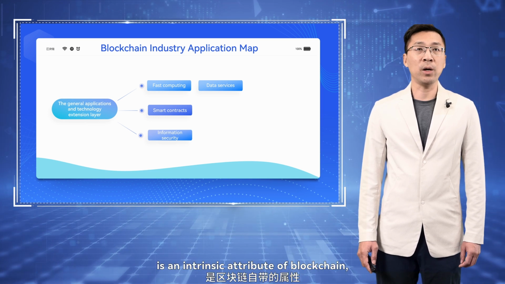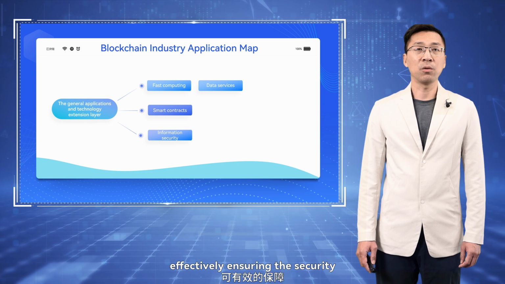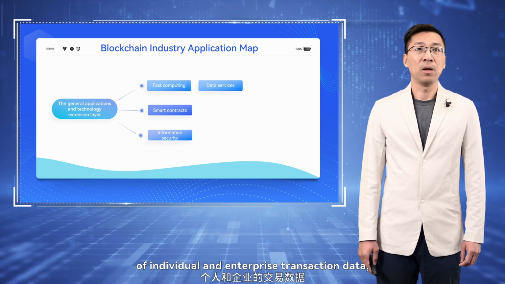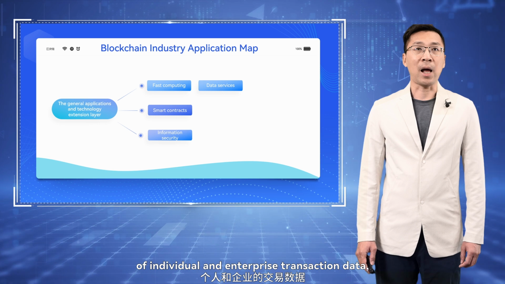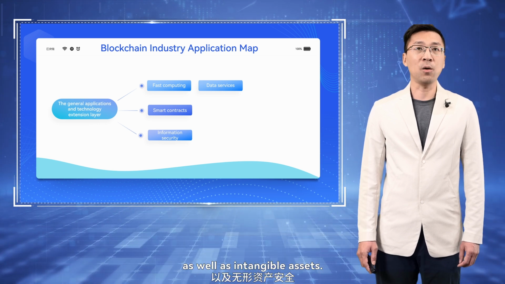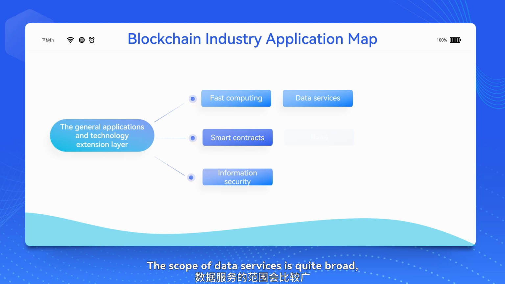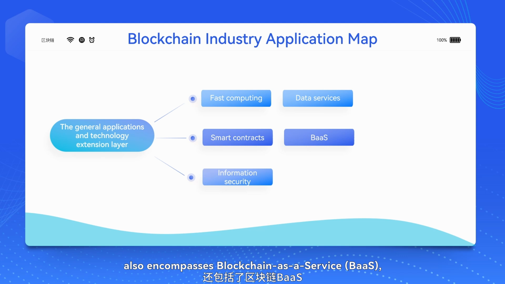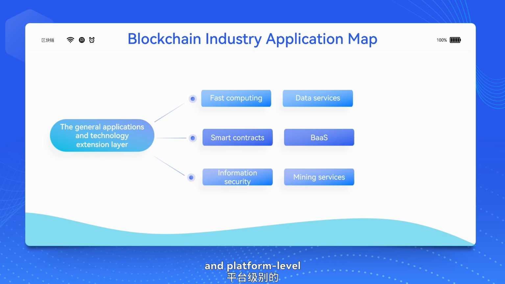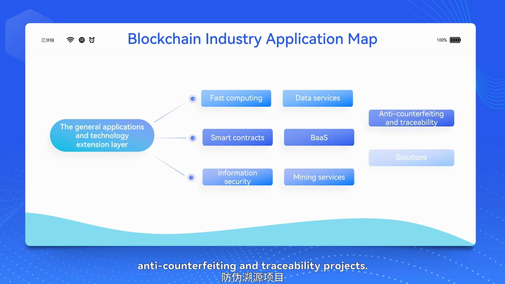Information security is an intrinsic attribute of blockchain, effectively ensuring the security of individual and enterprise transaction data, as well as intangible assets. The scope of data services is quite broad, including services such as data sharing, databases, data protection, and more. Additionally, the general applications and technology extension layer also encompasses blockchain as a service, BaaS, blockchain solutions, mining services, and platform-level anti-counterfeiting and traceability projects.